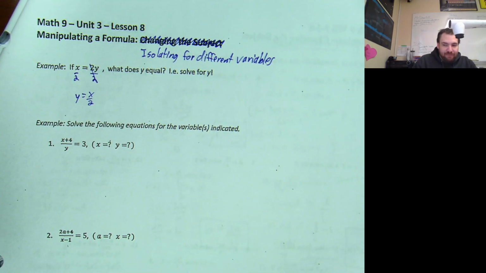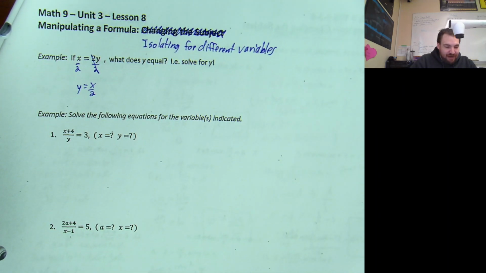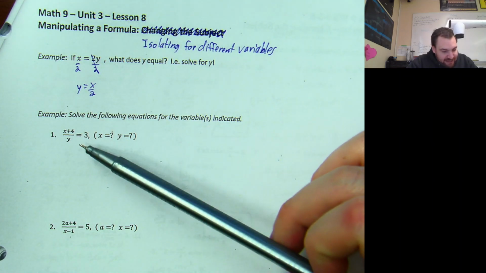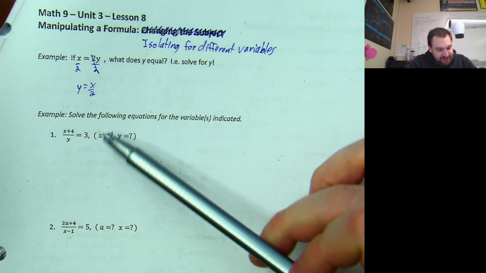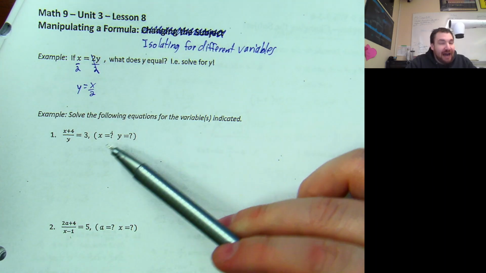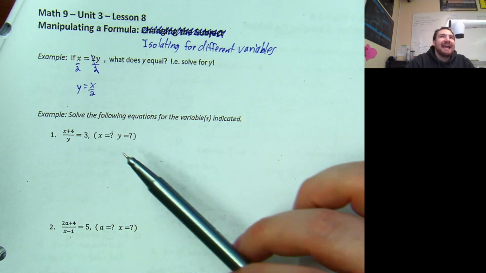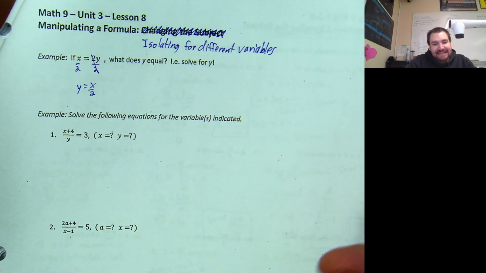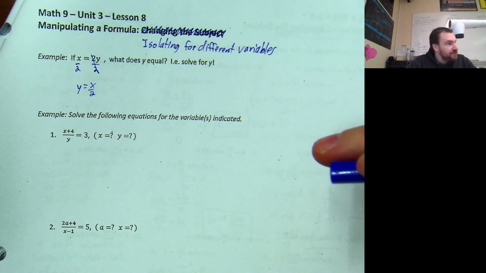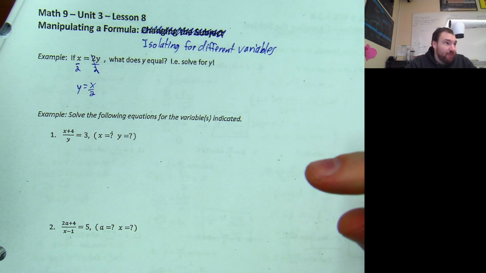Here we go. I've got this guy. X plus 4 over y equals 3. And it says here to solve the following equations for the variables indicated. I want to isolate this thing for x, and I want to isolate this thing for y. It doesn't matter which one of these you do first. So, let's just pick someone at random.